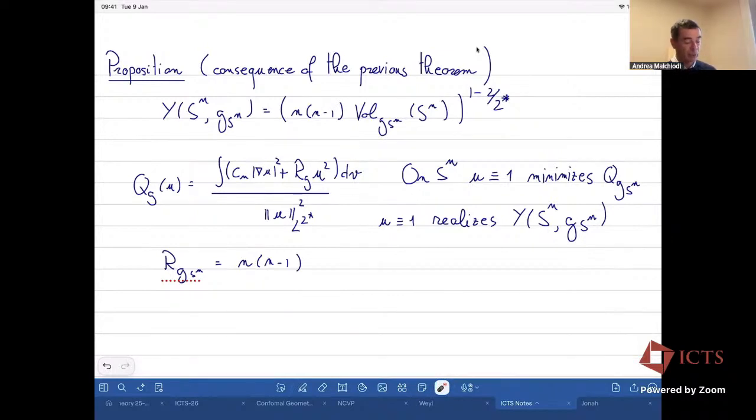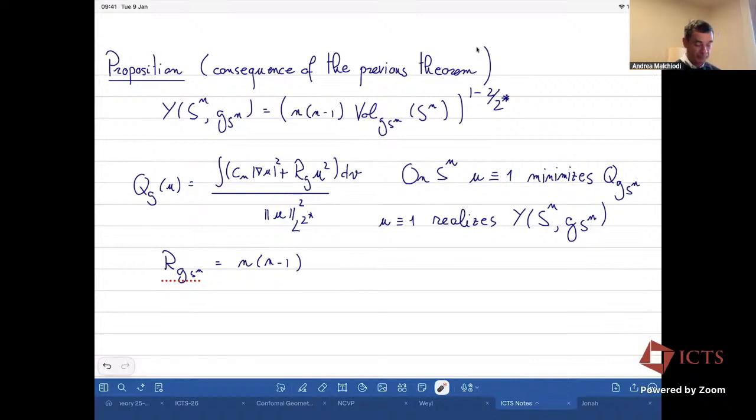So if you insert u identically equal to 1 here, this term is gone. The scalar curvature is n(n-1). And then here you find the volume of the sphere if you take u identically equal to 1 and integrate. Okay, and in the denominator, you find the volume of the sphere to the 2 divided by 2*.